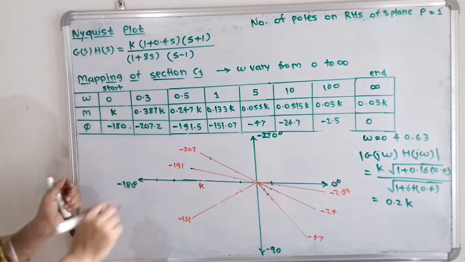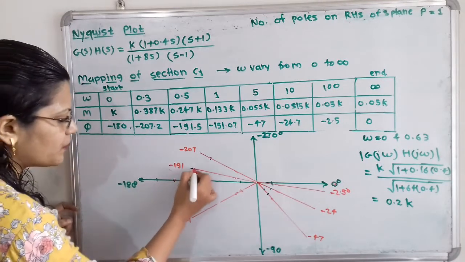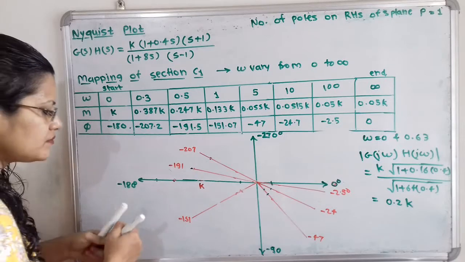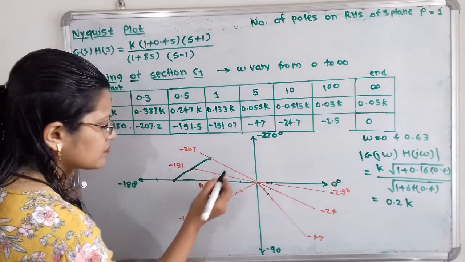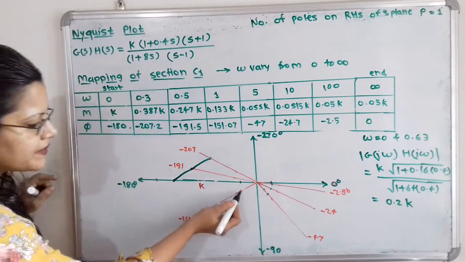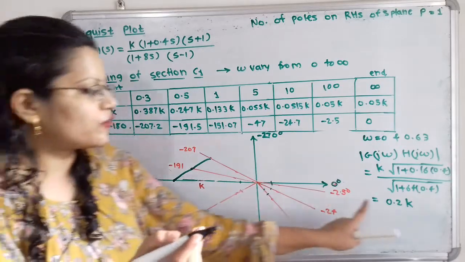Now we will join. The starting point is K at minus 180 degrees. So here is the point, and we will join the next point. Now the remaining points are here. So we will refer to the point of intersection.